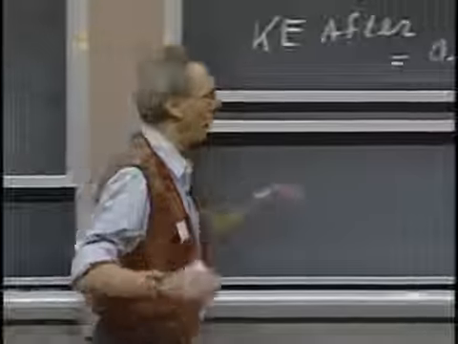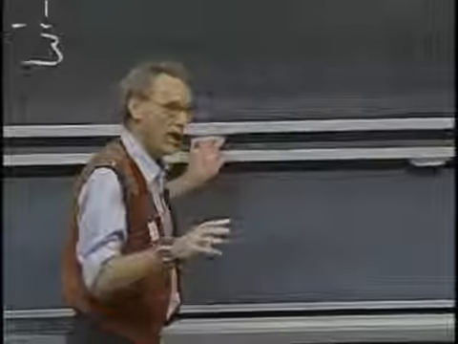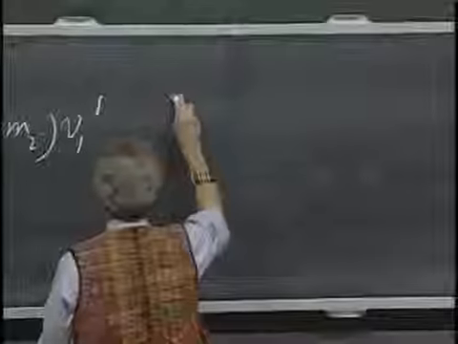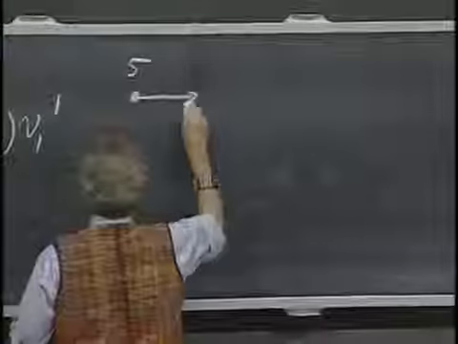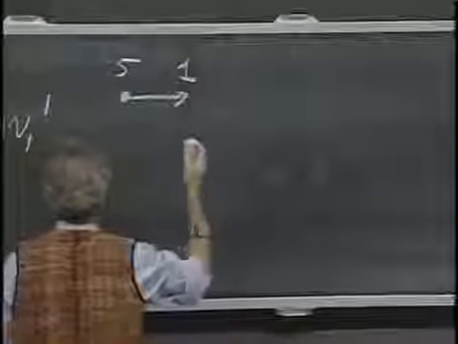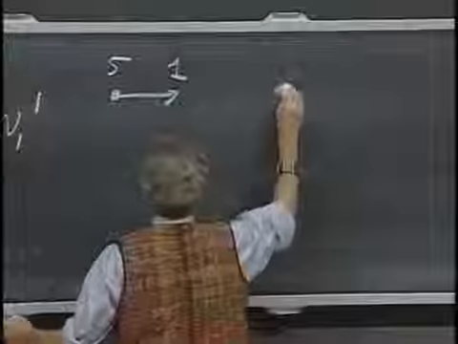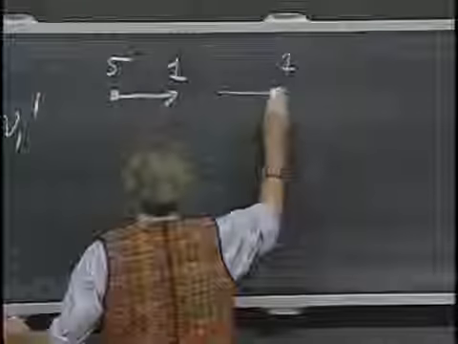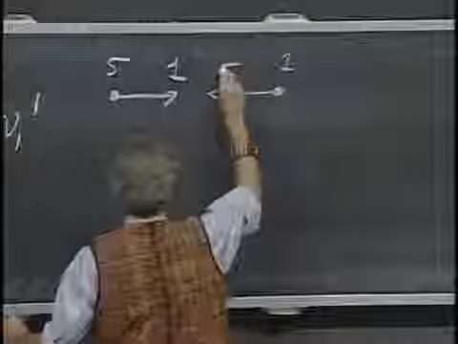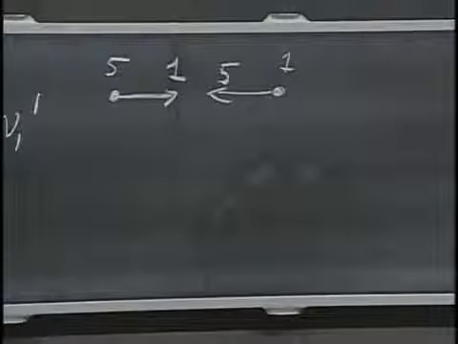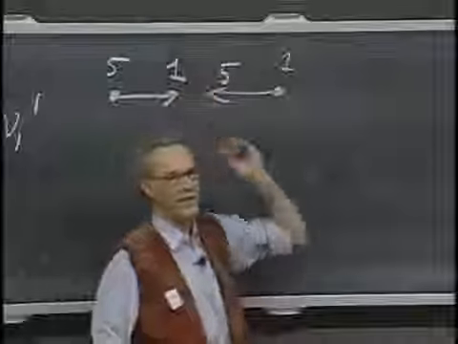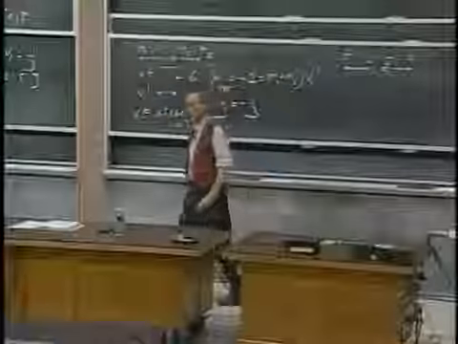I can arrange a collision so that all kinetic energy has been removed. Suppose this particle has a mass 5 and the velocity is 1. This is my shorthand notation. And this particle has a mass 1, but it has a velocity 5. The momentum of this system is 0. Plus 5 in this direction, minus 5 in this direction. But you bet your life there is kinetic energy.